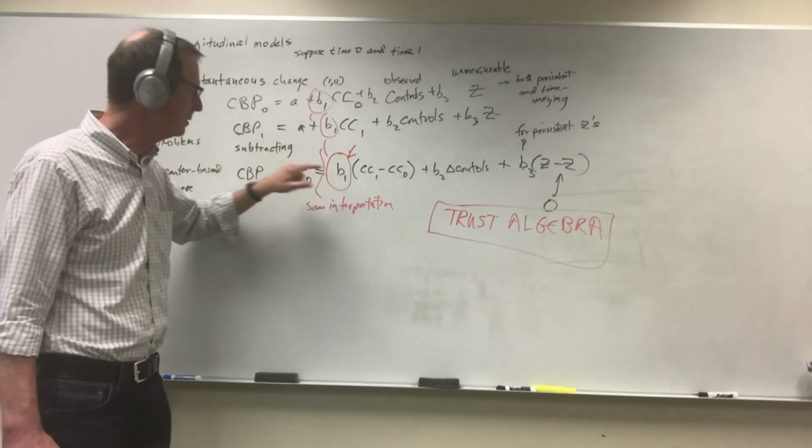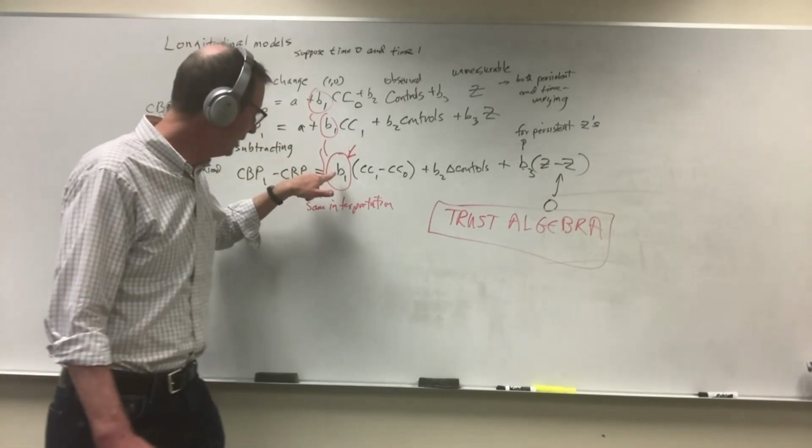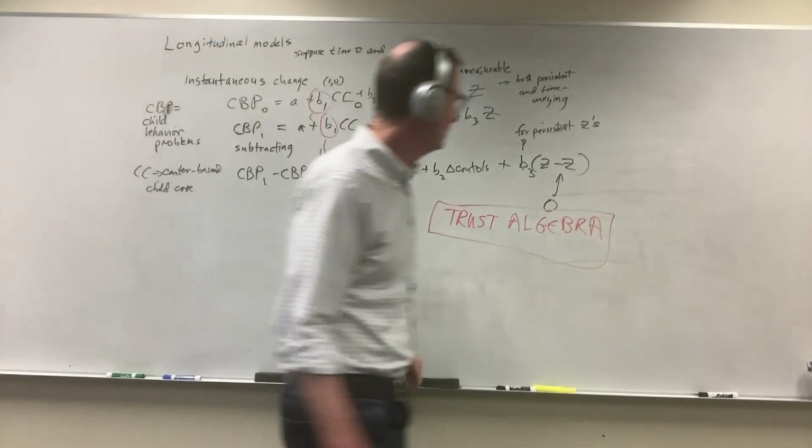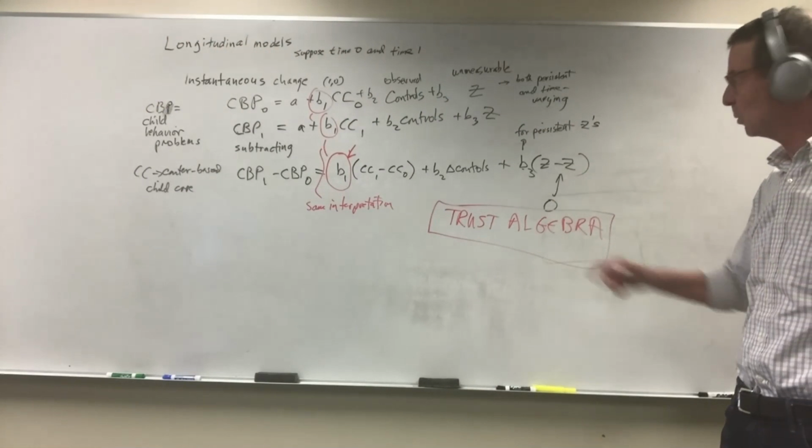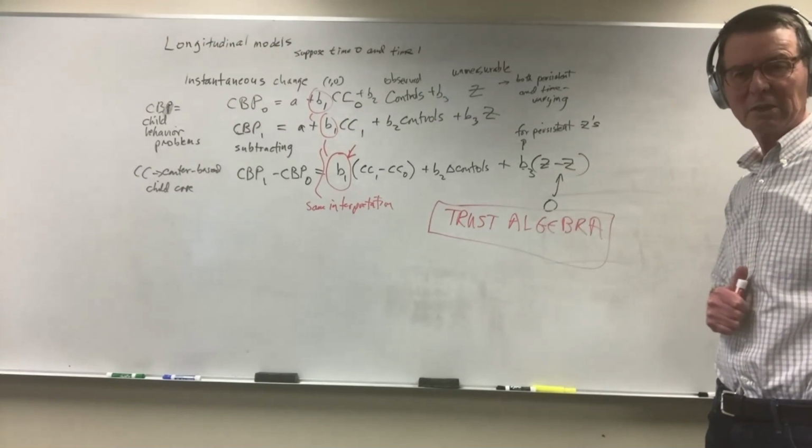It's preferred because it's not being affected by the biasing impact of these unmeasurable persistent Z characteristics.